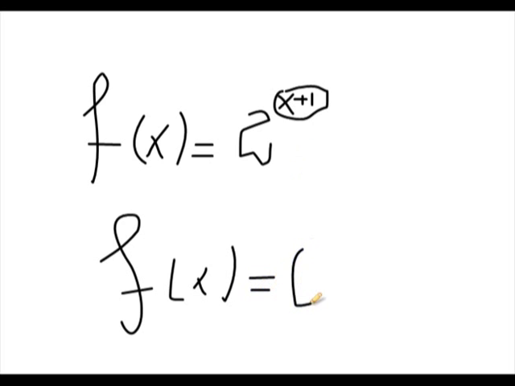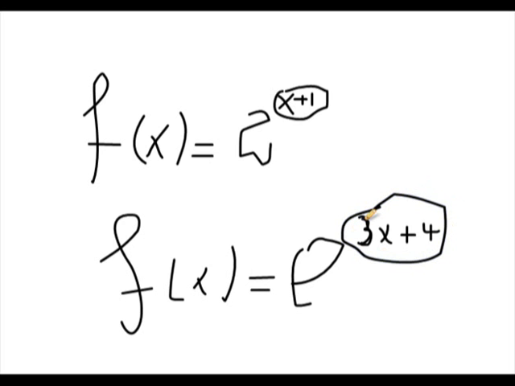I can have f of x equal e to the power of 3 times x, plus whatever. The power is still a variable, an expression that varies with the value of x.